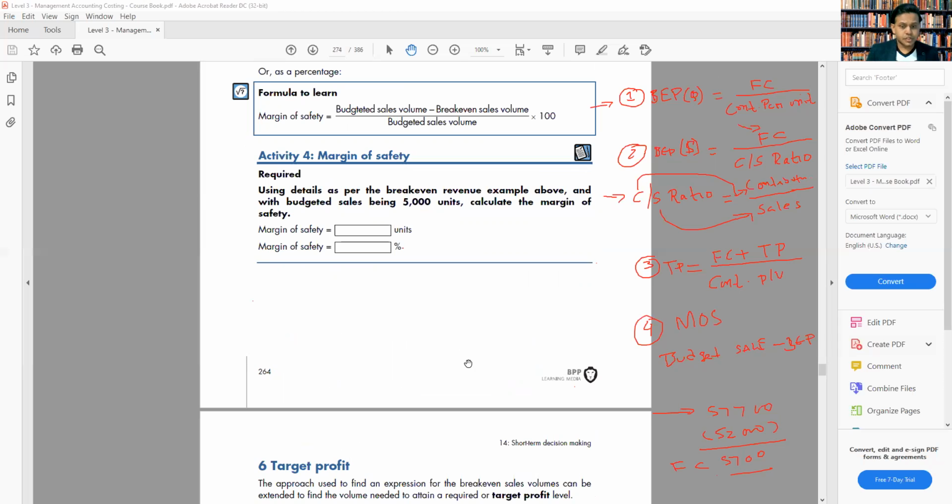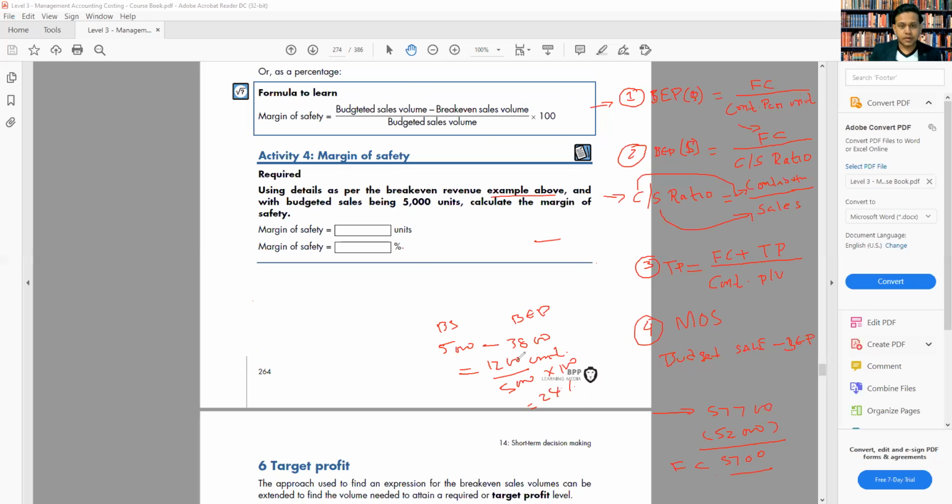The last one, Michelle. All right, so this is the last one. We have 5,000 as the budgeted sale, and 3,800 is the BEP, from the last question, because they said the previous example.